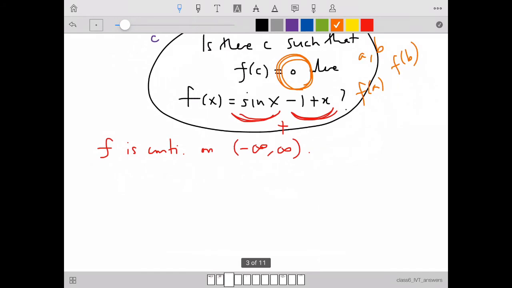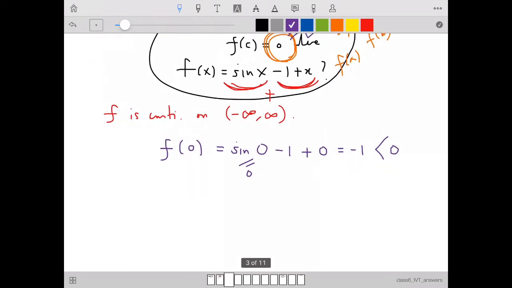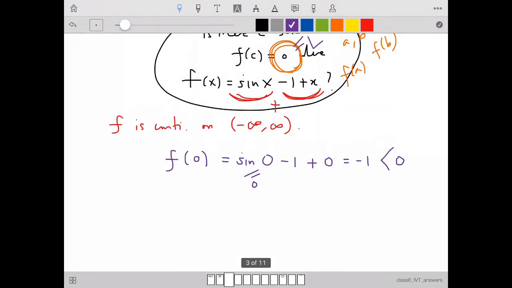Okay, so let's plug in some numbers. For example, if I plug in 0, then I get sine 0 minus 1 plus 0. Sine 0 is 0, so I get negative 1, which is less than 0. So we'll call this L. And now I need some number bigger than 0. Can you give me such input?